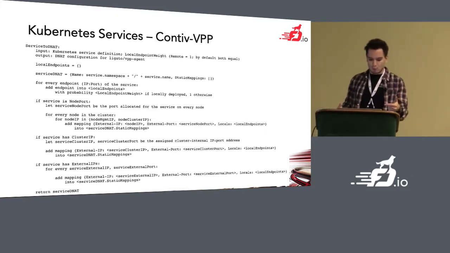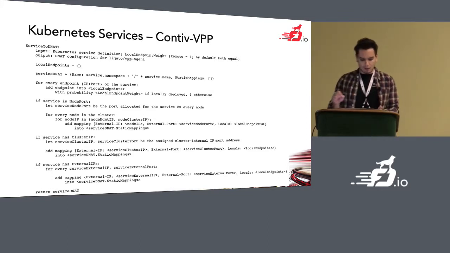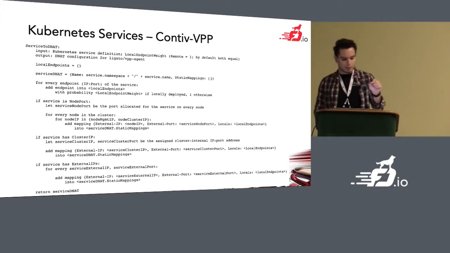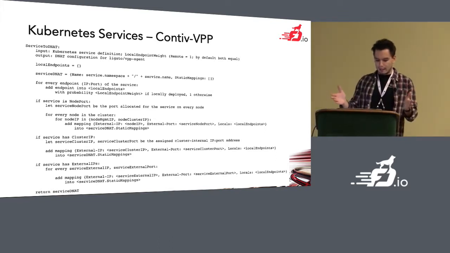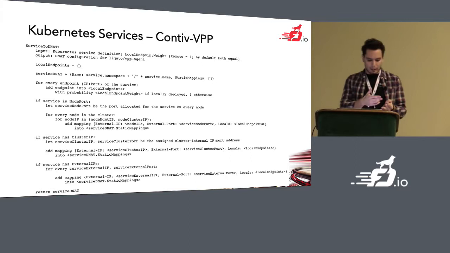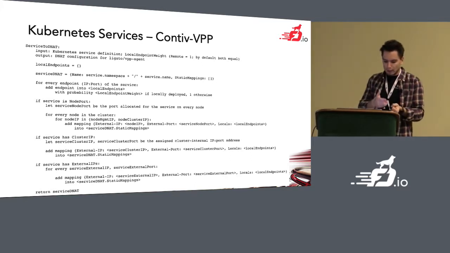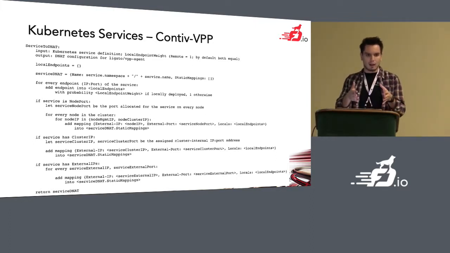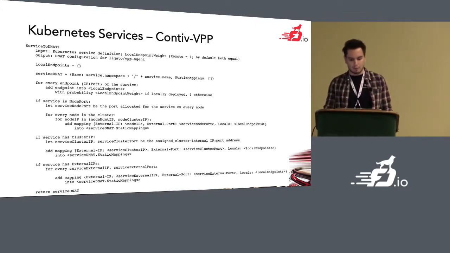What we do is we get all the endpoints of the service, and then we add these endpoints to the local endpoints array, with a specific probability. And then depending on if we have a cluster IP mode or a node port mode or an external IP mode, we calculate the mappings that are going to be installed in VPP.